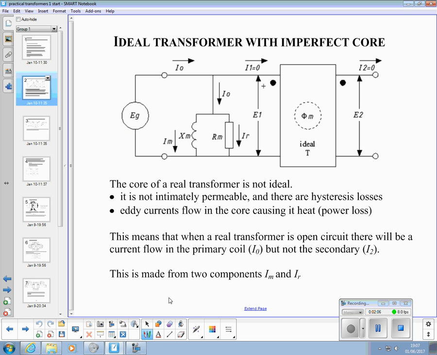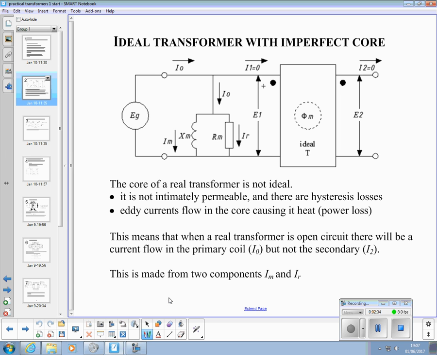Generator. Now, the idea here is a real transformer will draw current even if you haven't got anything connected to the secondary. So that's what we're looking at first, is to represent the current that's being drawn from a transformer, and the primary is connected to a voltage, but nothing's connected to the secondary.